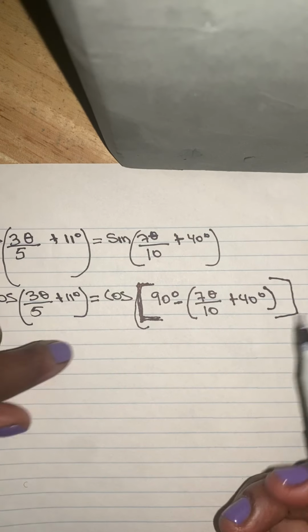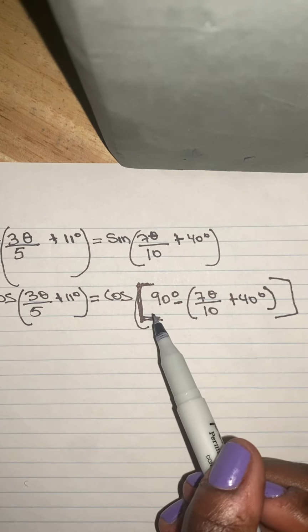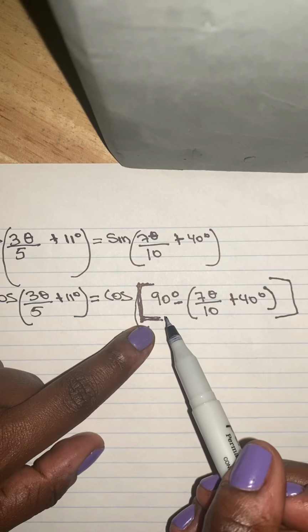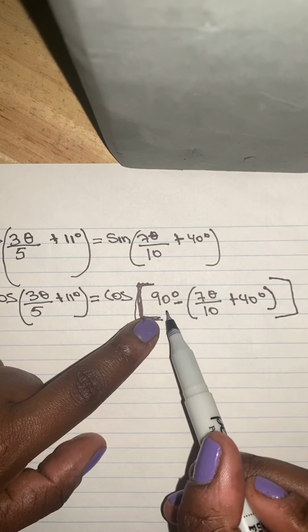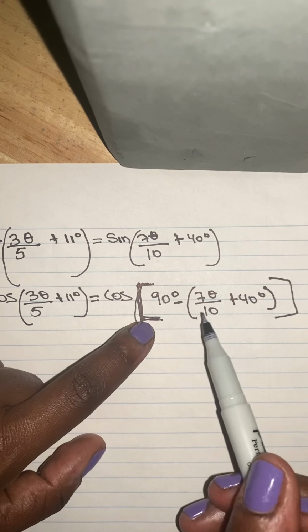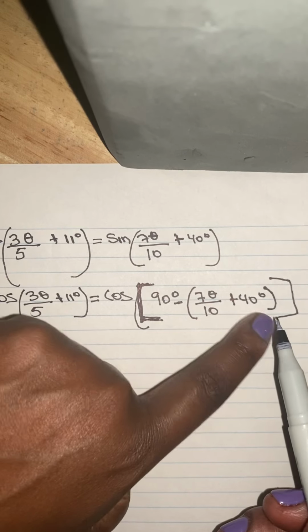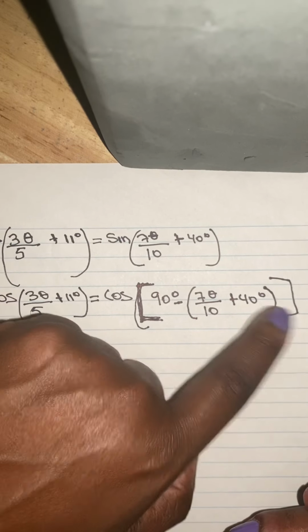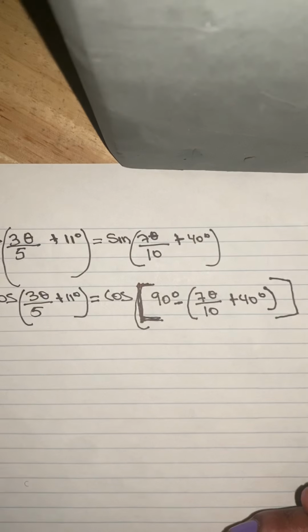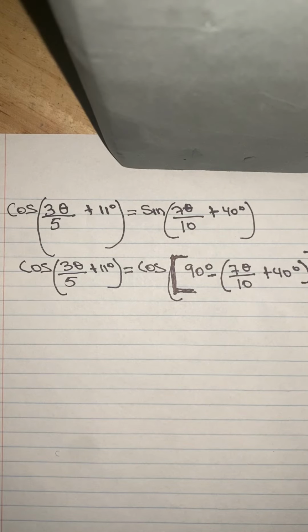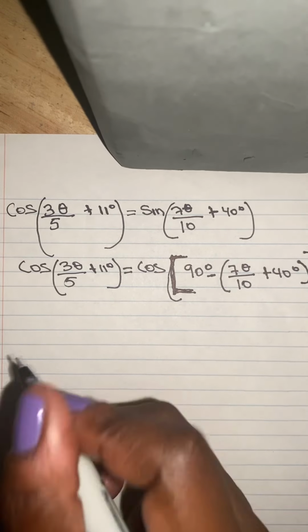Plus, so we are just doing, remember, we have the cosine. So basically we are just following what would be the cosine. We have the 90 degrees. It's going to be the 90 degrees minus 7 theta over 10 plus 40 degrees in parentheses. Okay.